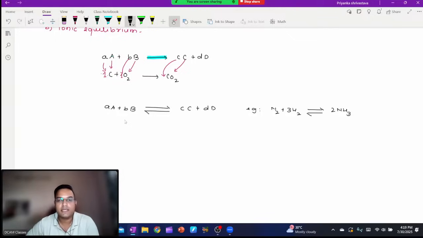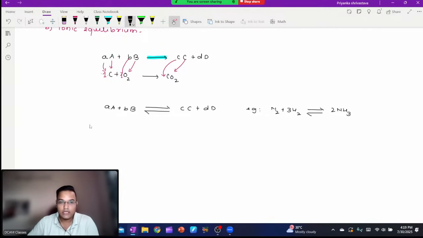So basically, the amount got dissociated, but the same amount came back. So the amount remains the same. Basically, nothing changes there, like this.